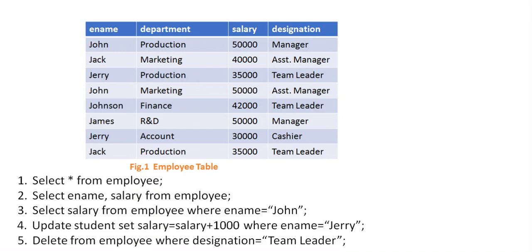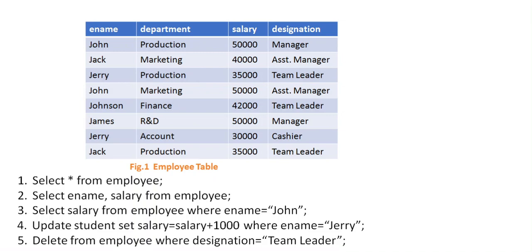Now suppose I want to delete the row of employee Jack. If I write delete from employee where ename equals to Jack, then it will delete all rows where ename is Jack.